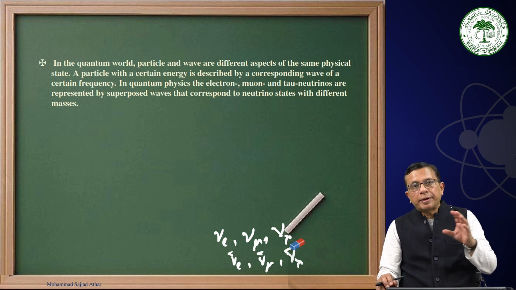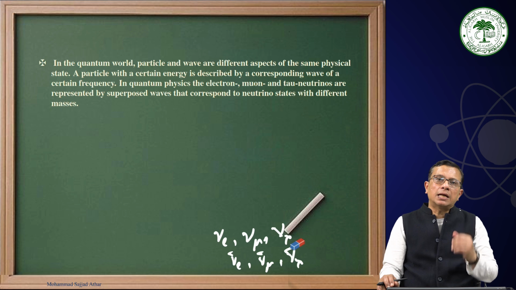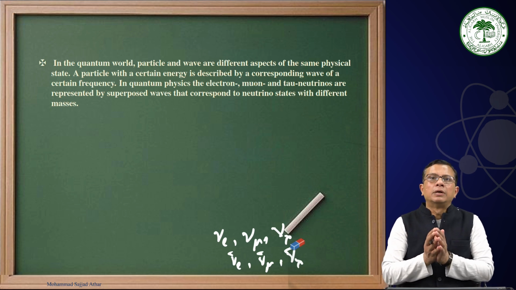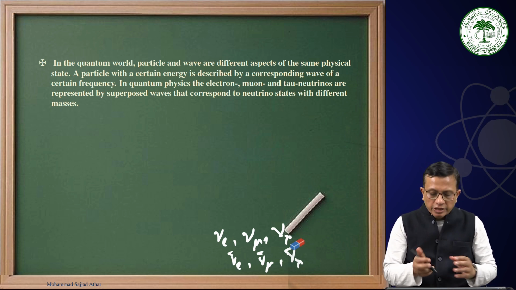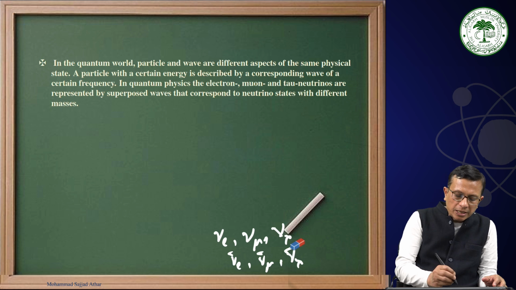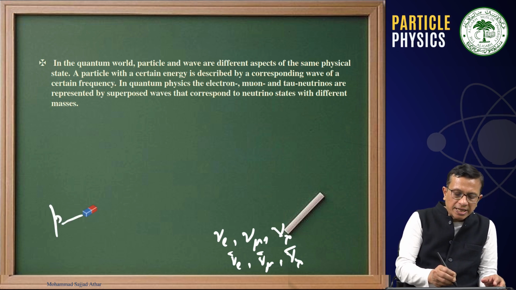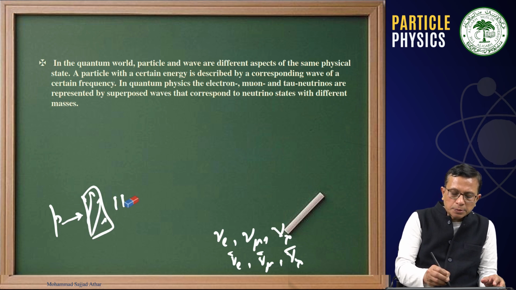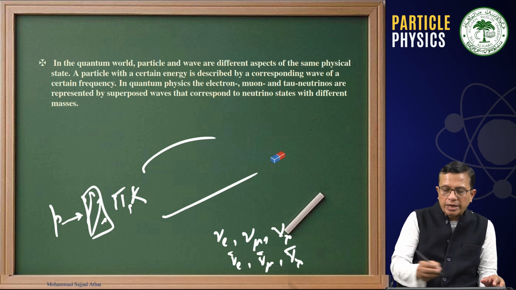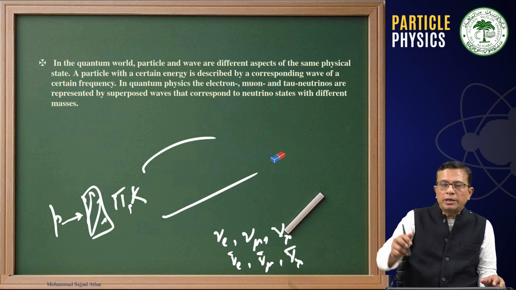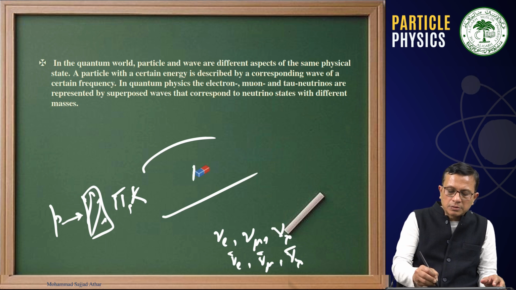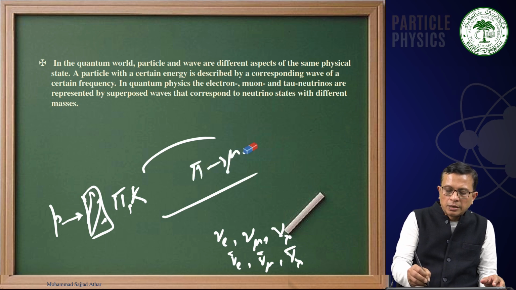But when they propagate, they propagate as a combination of mass eigenstates. Therefore, I have a proton beam, it strikes a target material, it produces pions and kaons, and these pions and kaons in a magnetic field get collimated when they travel and produce neutrinos.